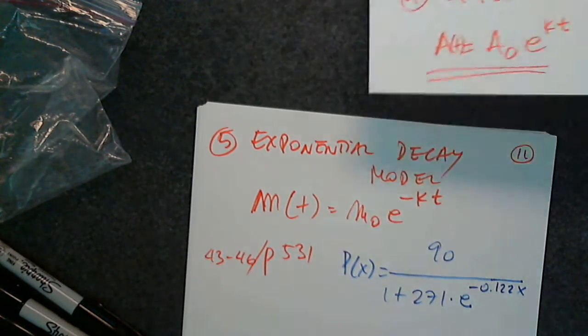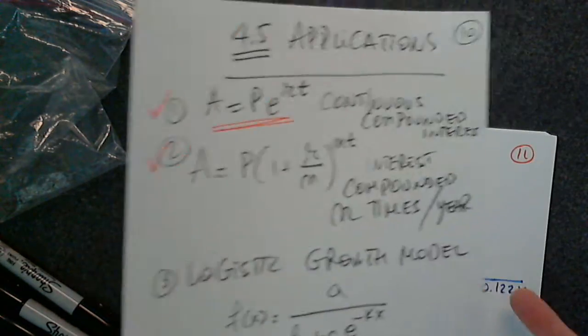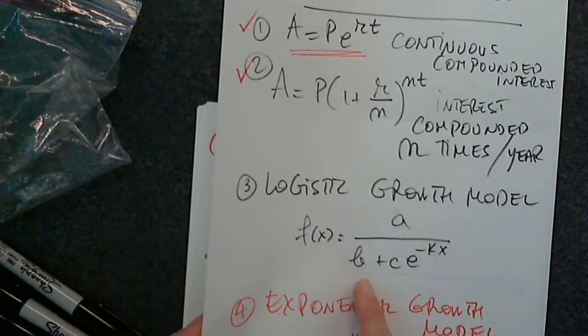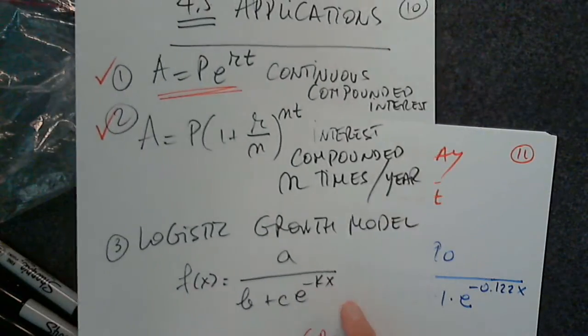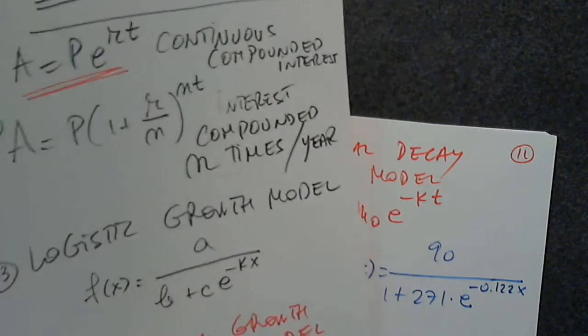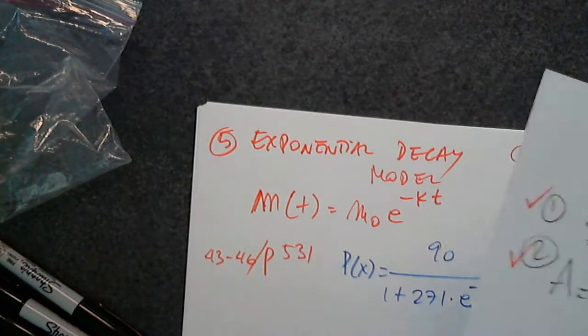As I said, the model will be given to you. What is A in this model? 90. What is B in this model? 1. What is C in this model? 271. What is K in this model? 0.122. You don't have to memorize any of it.